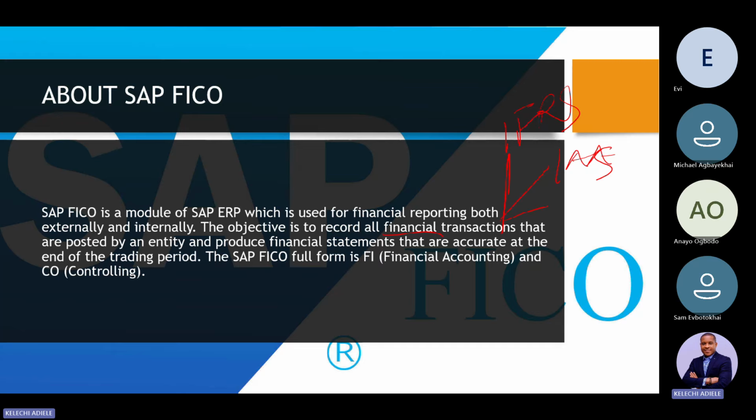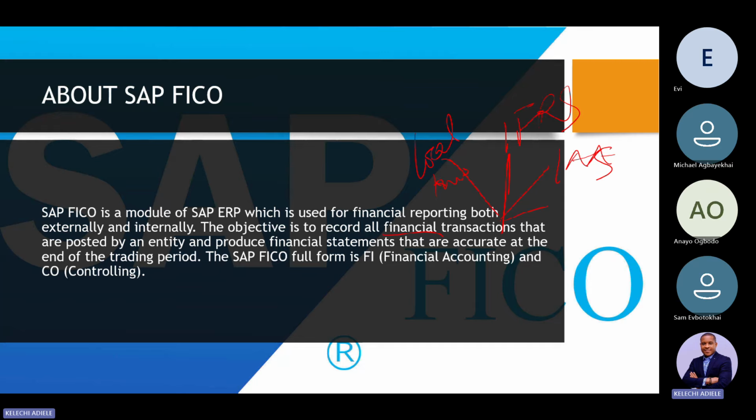So one of them is the International Financial Reporting Standards, which we call IFRS, which is also part of the International Accounting Standards. We also have local laws or local standards within countries. So we have country-specific laws on how you should report or do your transactions.